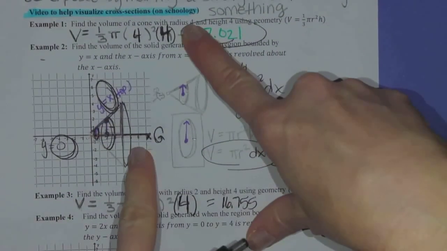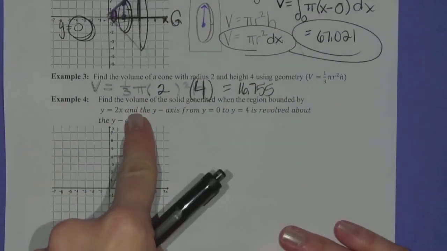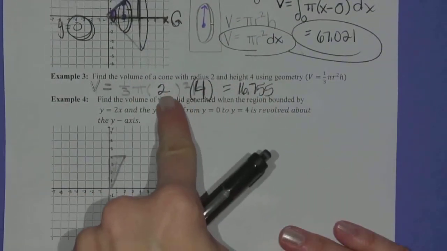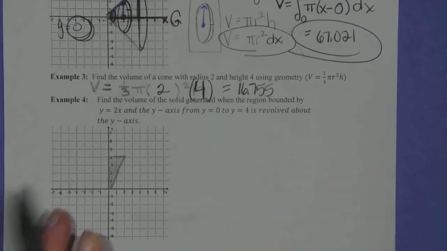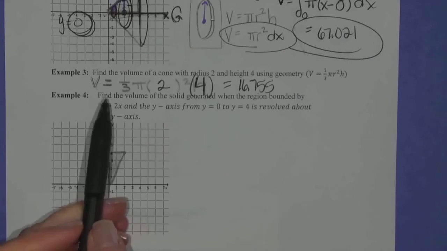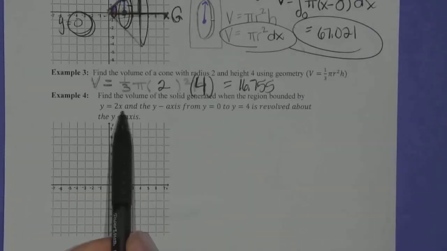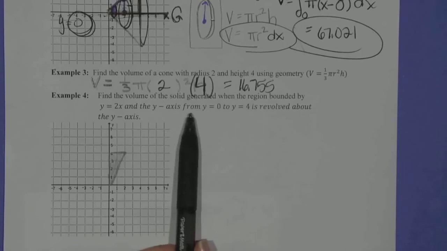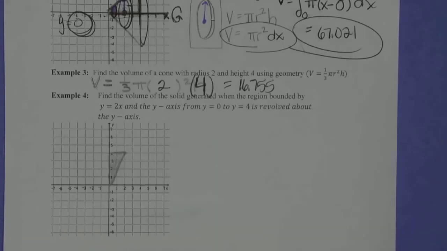So it's the same dimensions on that cone. Should have mentioned that. So I'm guessing that example 4 is going to have a radius of 2 and a height of 4, and we're going to end up getting the same answer. Let's see if we do. Example 4 says, find the volume of the solid generated when the region bounded by y equals 2x and the y-axis from y equals 0 to y equals 4 is revolved about the y-axis.